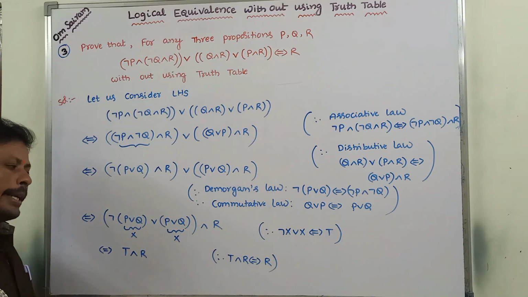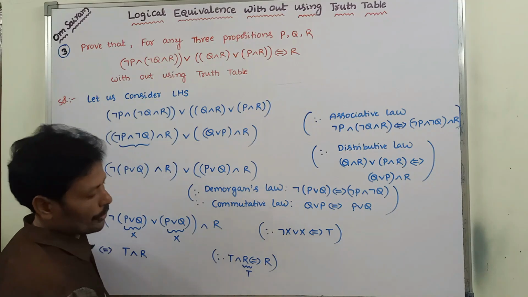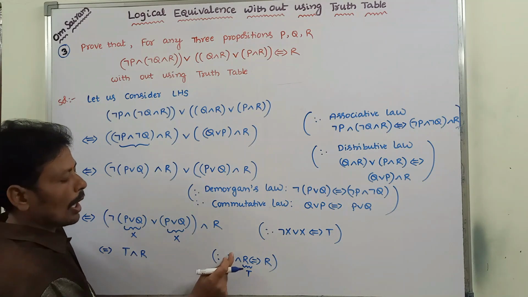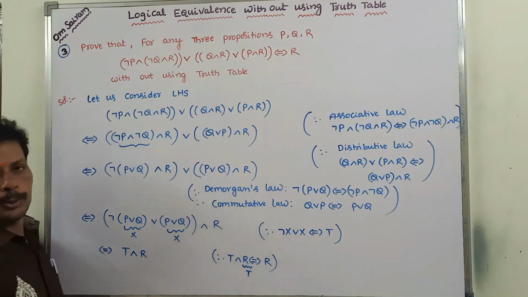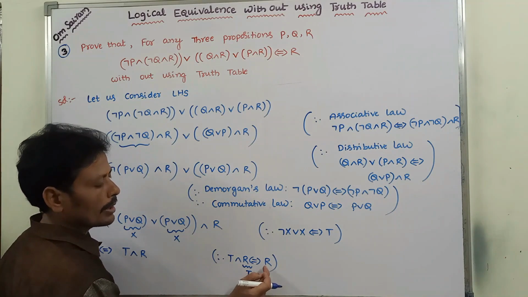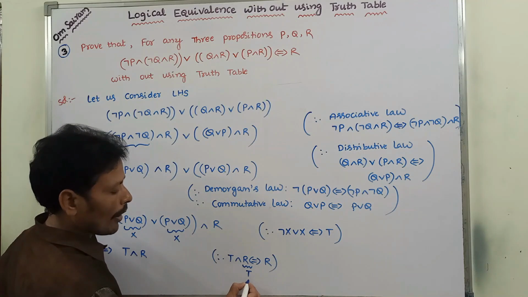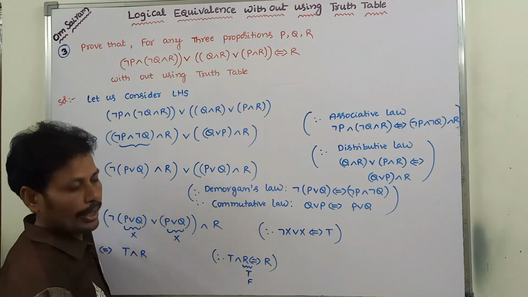Okay, how are we getting this? In the place of R, we are substituting true value. True and true is nothing but true. That means whatever the truth value we are substituting, the same truth value we are getting. Next, in the place of R, we are substituting false value.